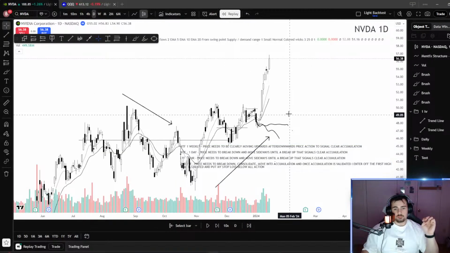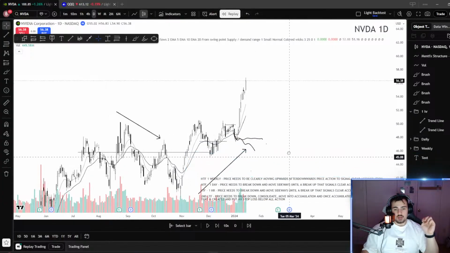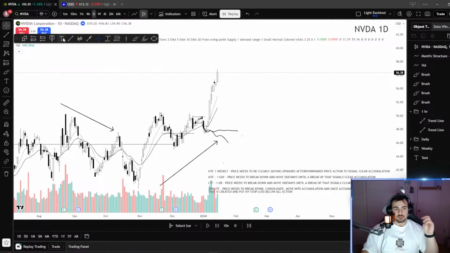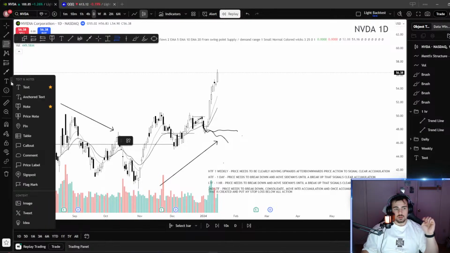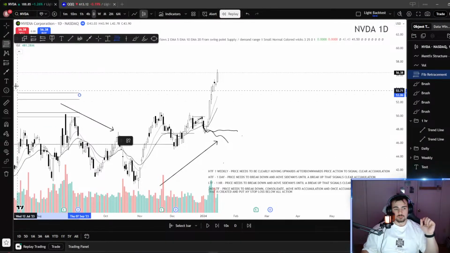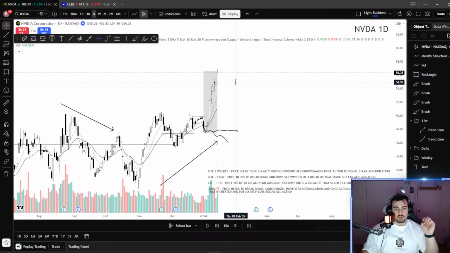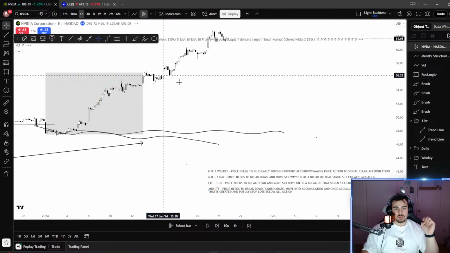Now we have price on the daily time frame taking off, but I don't want to look at it until I get a pause here, because this leg here, where did my rectangle go? This leg is overextended, and I now want to see a pullback, which I don't seem to get.